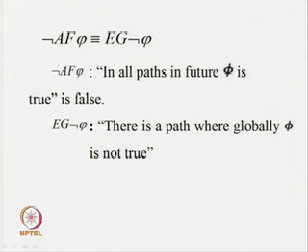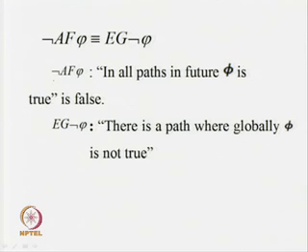Just see what it means. We know that A F phi means in all paths in future phi is true. So not of this means this particular statement is false, because we have this negation symbol in front of this CTL formula.